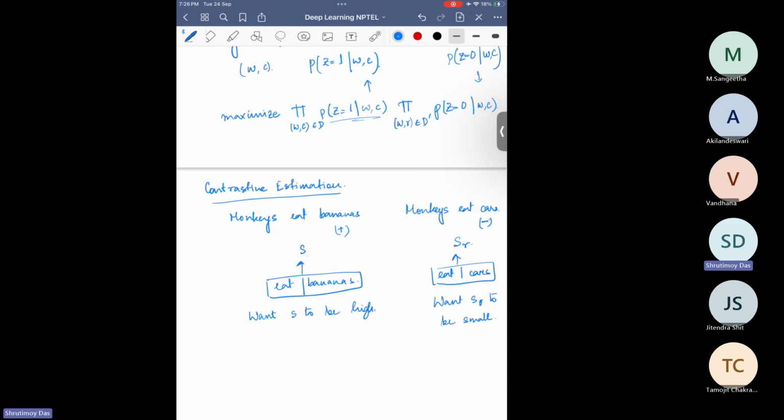So now our training basically becomes: we want to maximize S minus S_r. We want to maximize this difference.